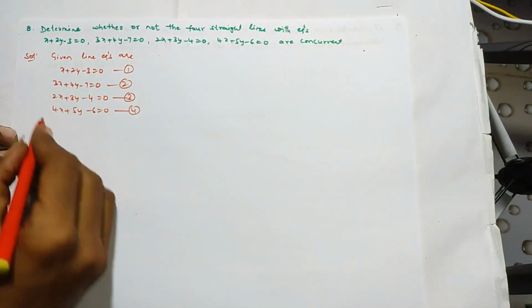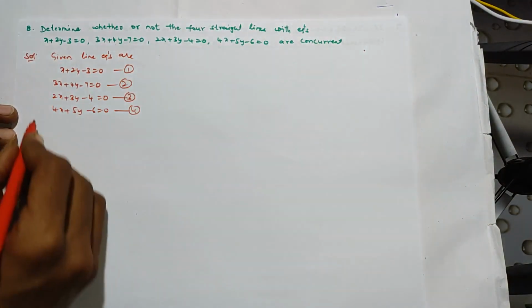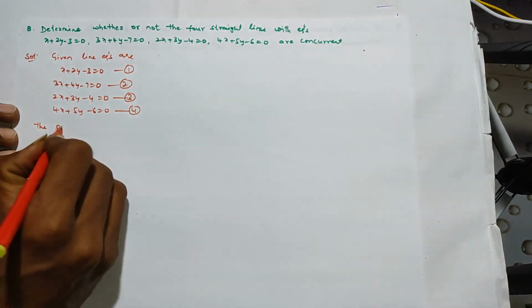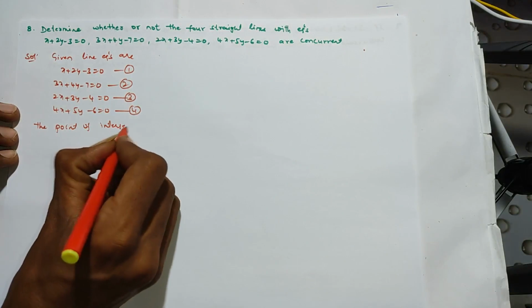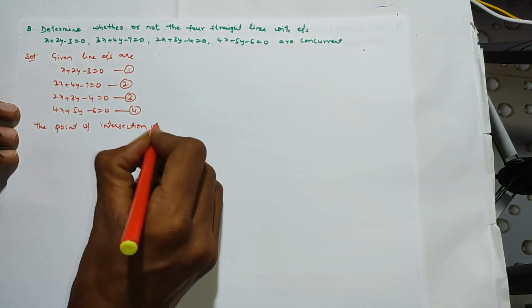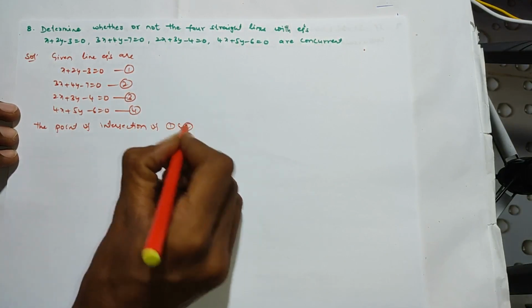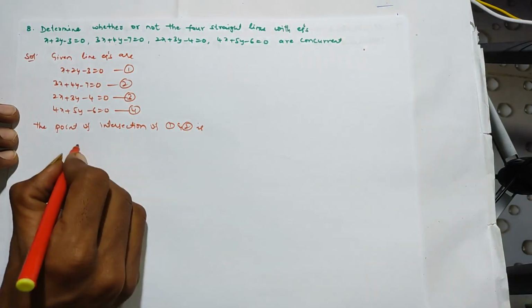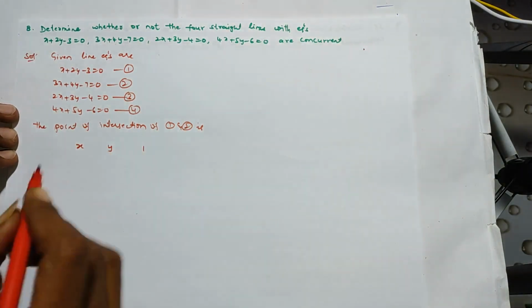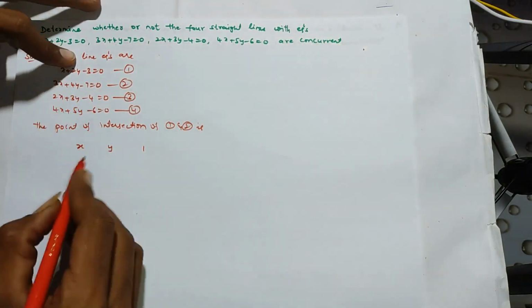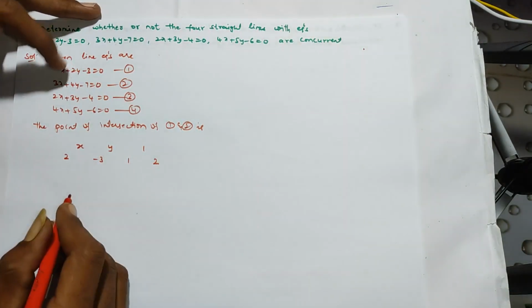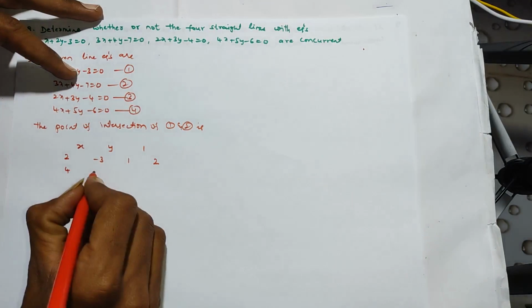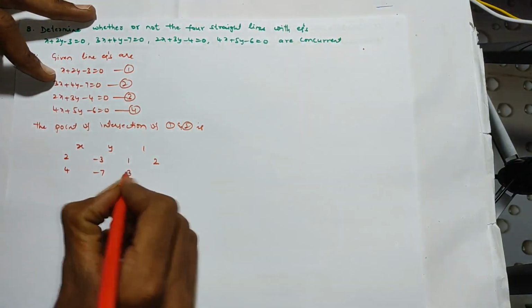Here I am solving 1 and 2 for the point of intersection. I am solving by this method: x, y, 1, then start with the y coefficients: 2, -3, 1, 2; second equation: 4, -7, 3, 4.